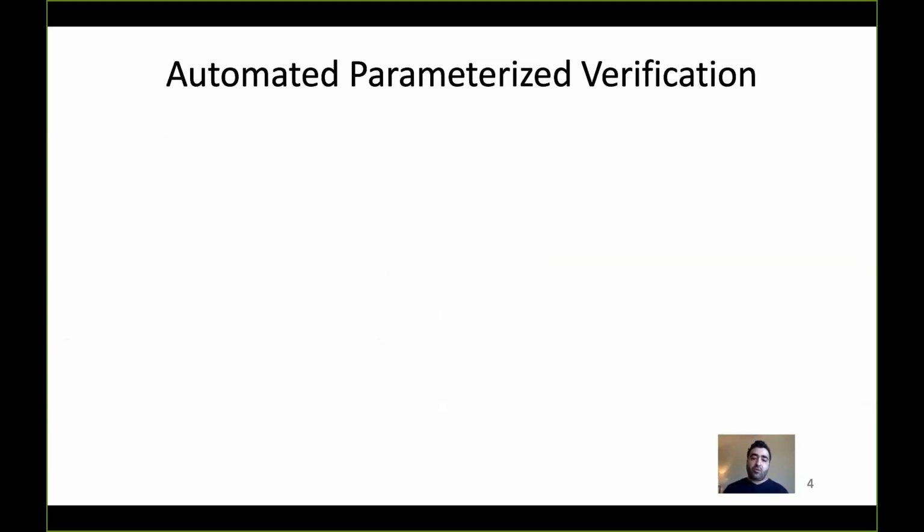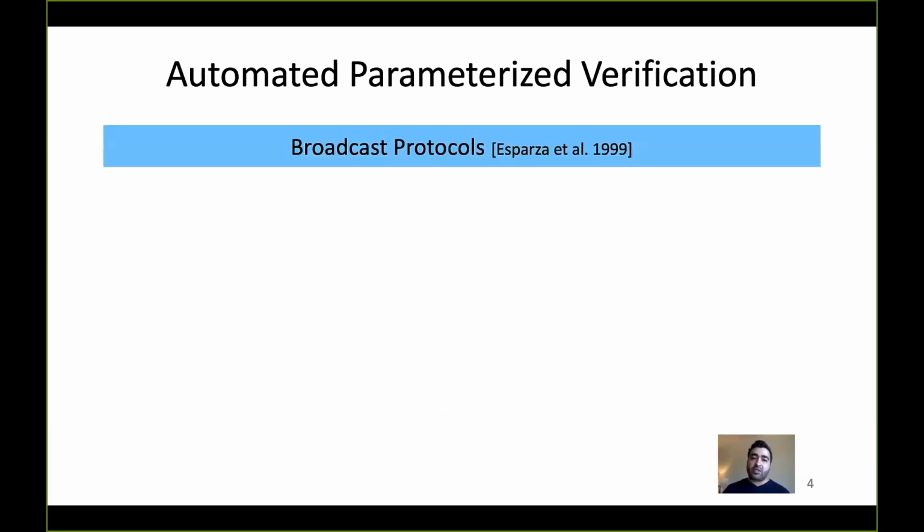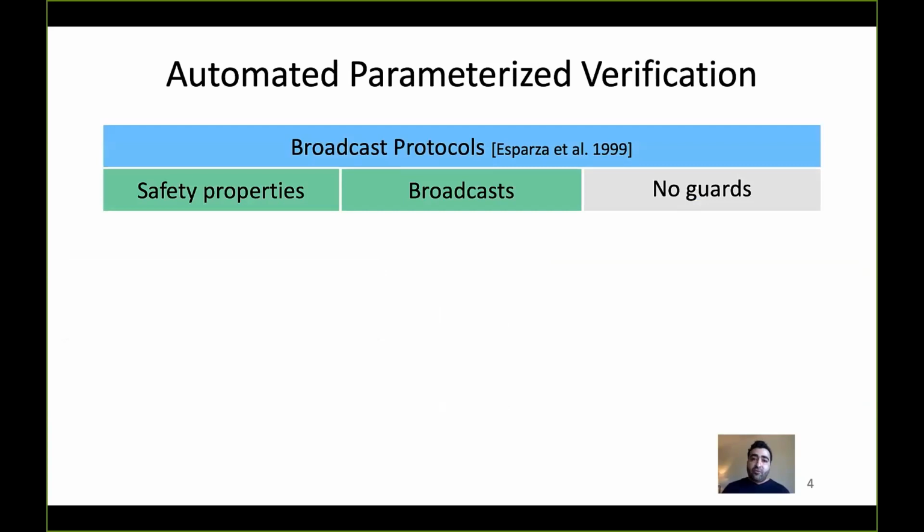Naturally, in order to obtain decidability, one has to restrict the system in a specific way. For instance, the type of properties that you would want to check, or the allowed communication primitives, or the type of synchronization that you allow. For example, broadcast protocols target verification for safety properties. They allow broadcasts as a form of communication, but they allow no guards for synchronization. We will give examples of guards later in this presentation.